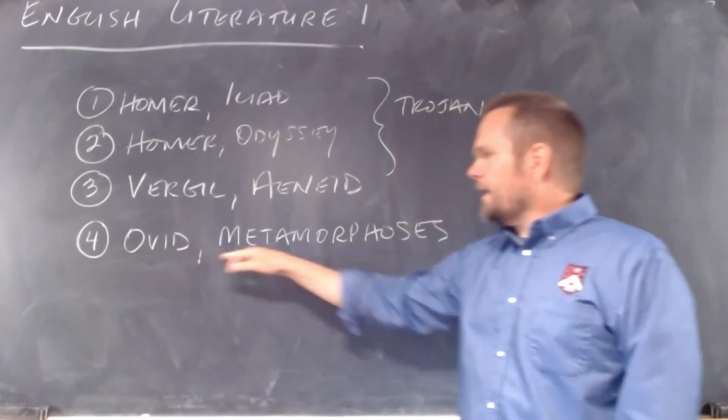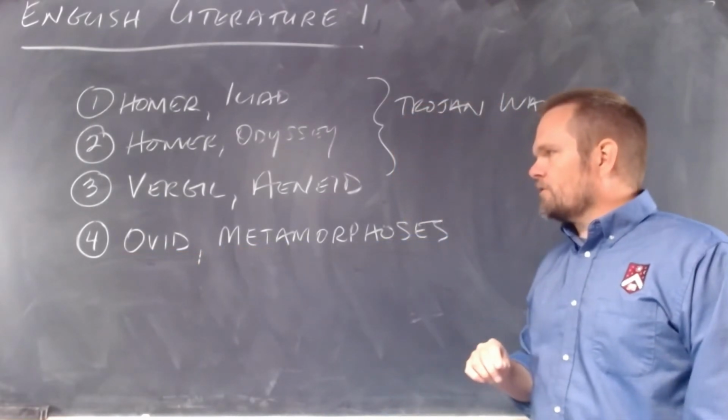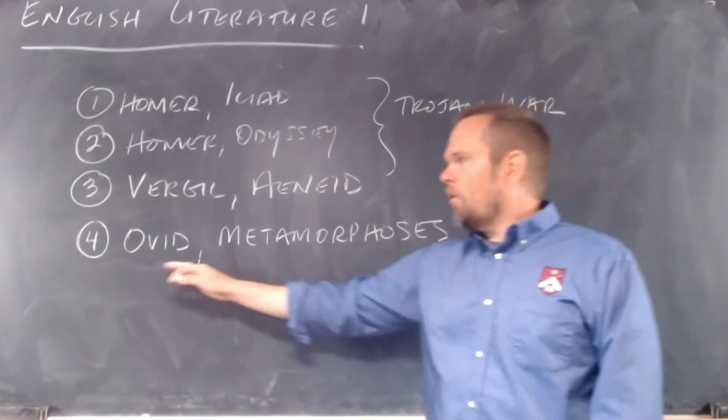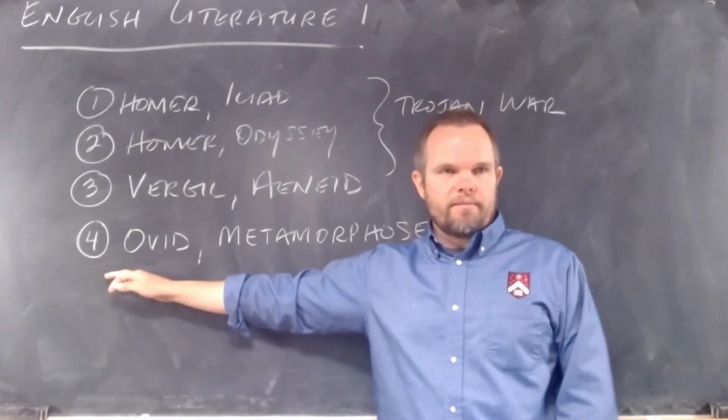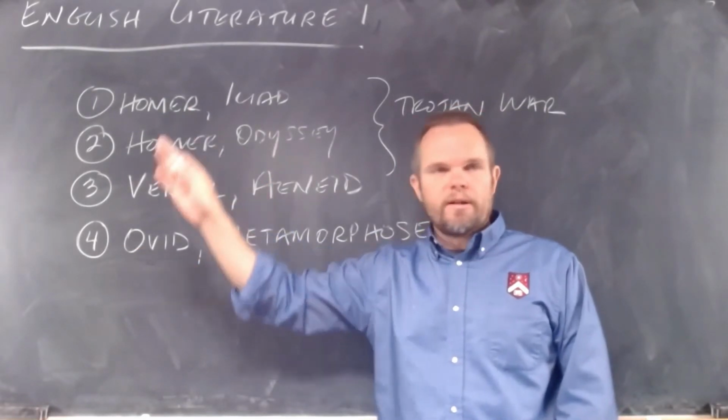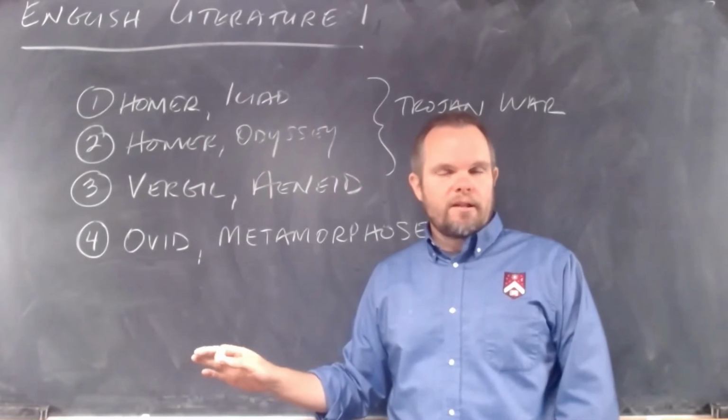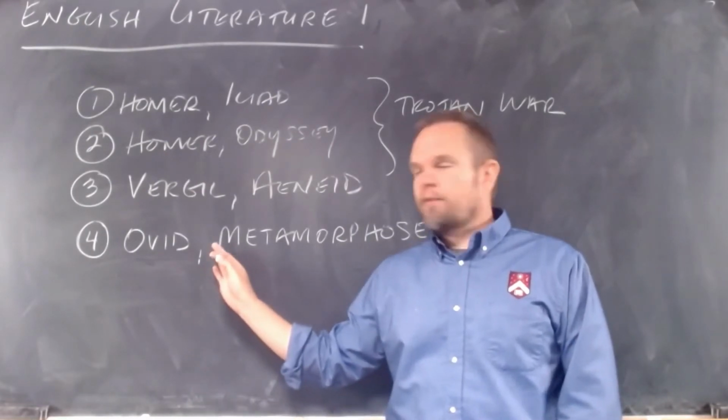And then this last book, Ovid's Metamorphoses, is a poem. This is where all mythology comes from. All of the famous stories of mythology, classical mythology, they come from Ovid's Metamorphoses.